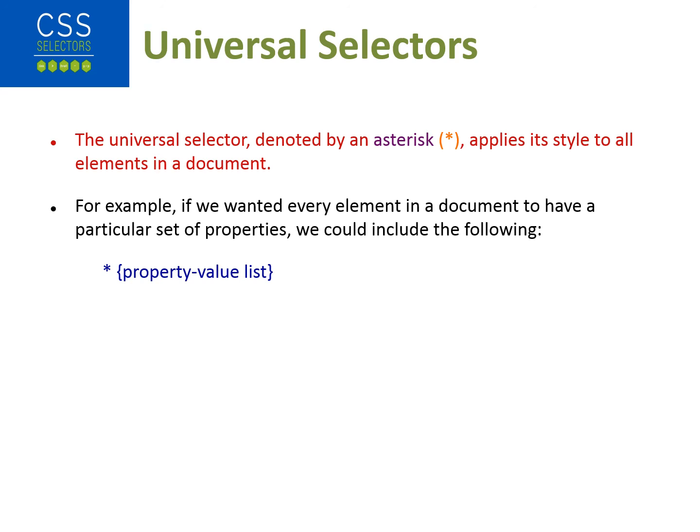Then inside the declaration block, you specify the property value list. So whatever tags we are using in an HTML document, if we specify this style property, all the contents in the web page should follow this property value list. So this is about the universal selector.